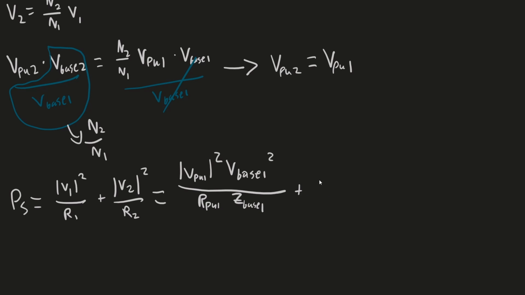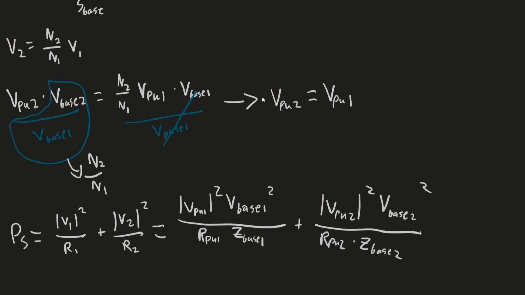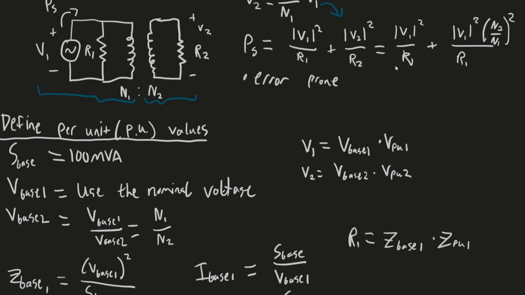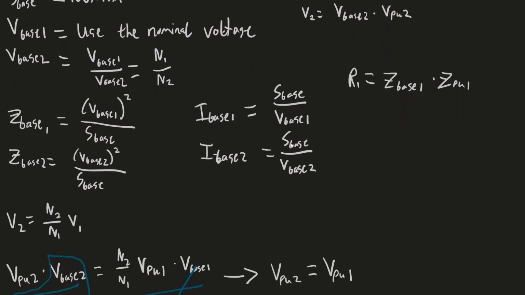This is going to be added to V per unit 2 squared times V base 2 squared, all of this over R per unit 2 times Z base. So I want you to remember that this entire expression here is equivalent to this one here. We have just rewritten it using per unit values. That's why it may look a little confusing.